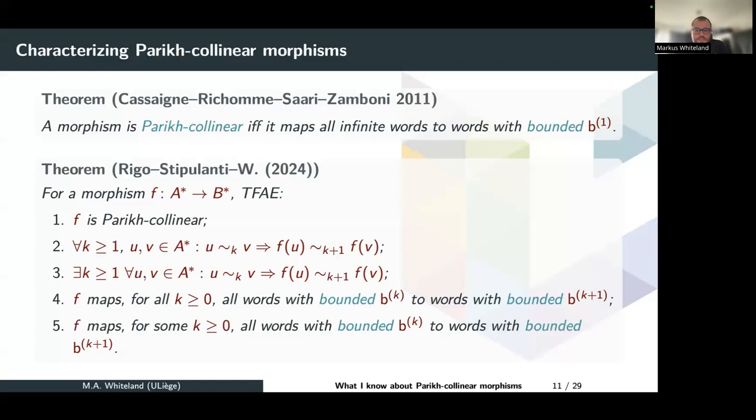So it's a fairly trivial equivalence relation. And the same also holds if you just find some k for which all words with bounded k binomial complexity are mapped to bounded k plus 1 complexity words.